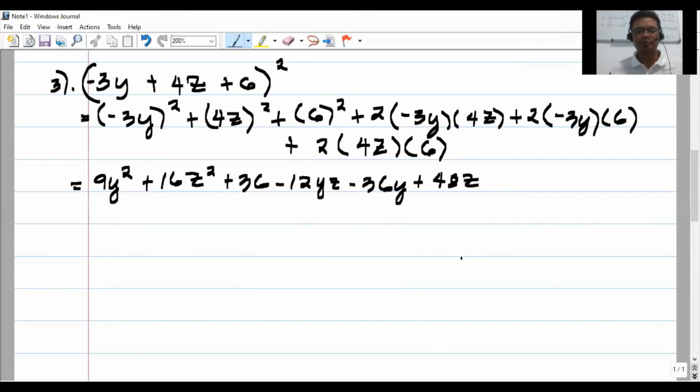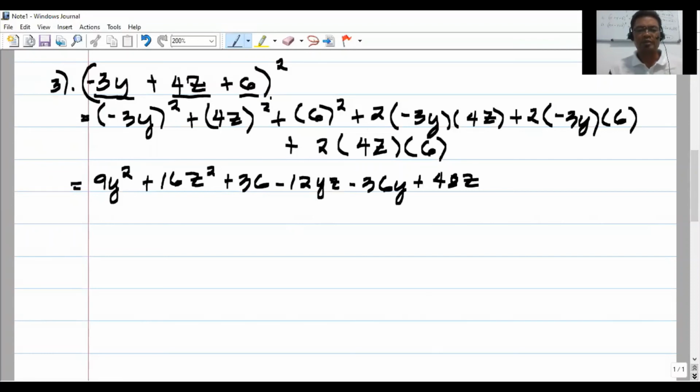Okay, so again, we recall our steps. In a given trinomial, when we square it, we just square the first term, square the second term, and square the third term.